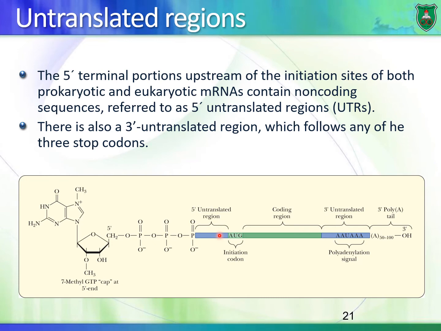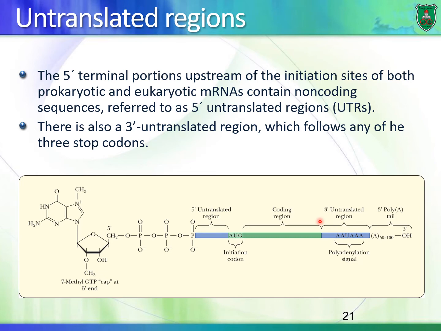Now, is translation terminated at the exact last codon at the 3' end? Again, no, it is not. Remember that you have termination of transcription at the poly A site, AAUAAA, and then you have cleavage and addition of the poly A tail. So right here you can have the stop codon for translation. And this is followed by another untranslated region, and this is known as the 3' untranslated region.